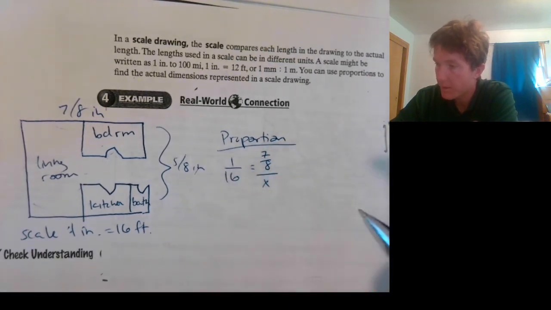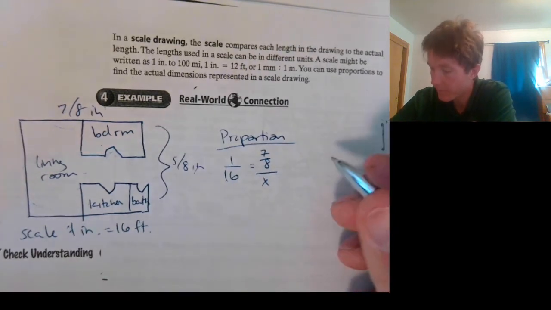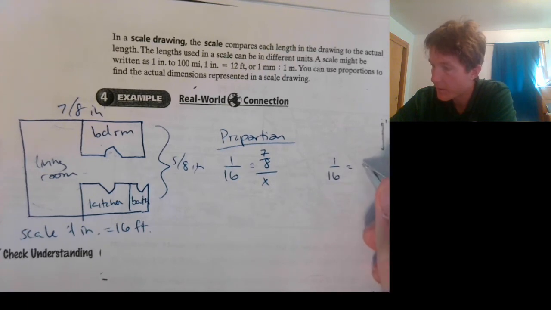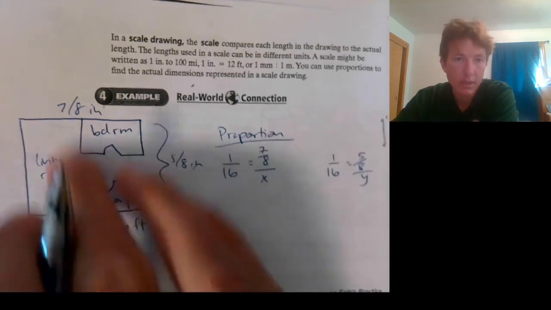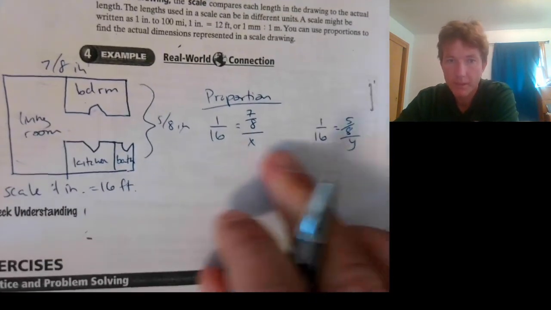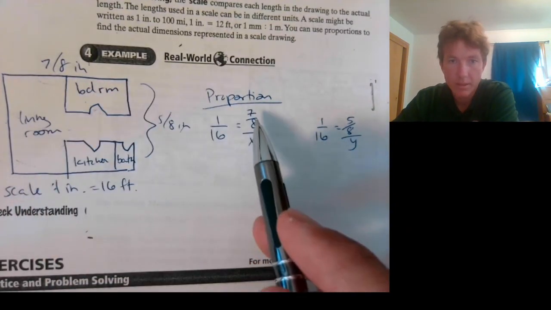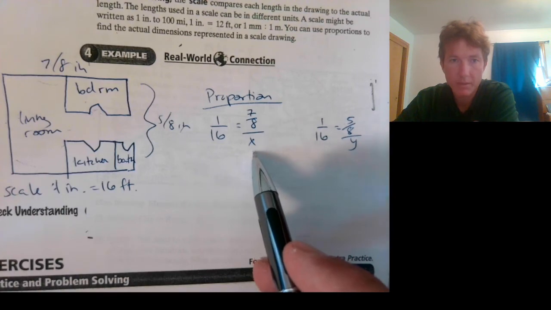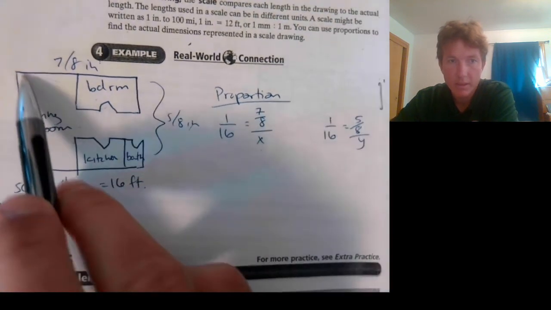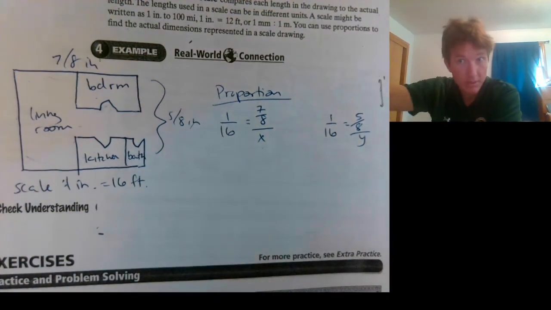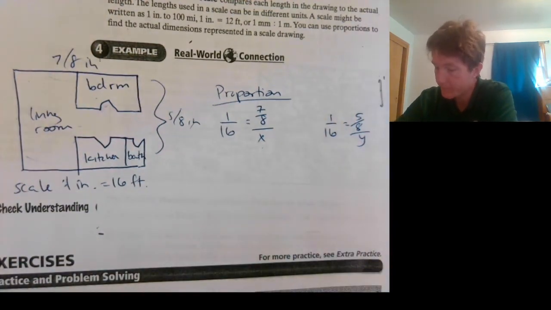This is going to be my width, or my length, and out here I have my height. I don't know how deep the apartment is. So this is saying that the apartment is 7/8 inches. I don't know how many feet that is. And that the apartment is 5/8 inches deep. I don't know how long that is in feet.